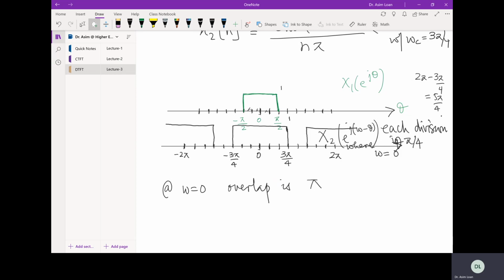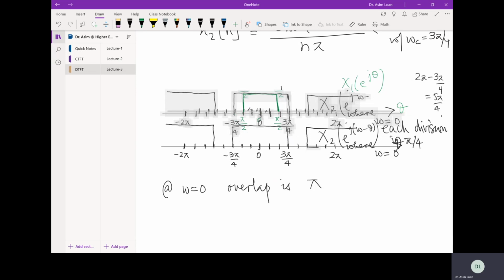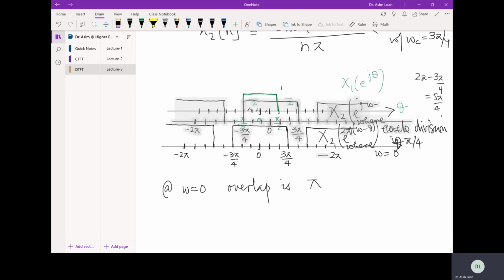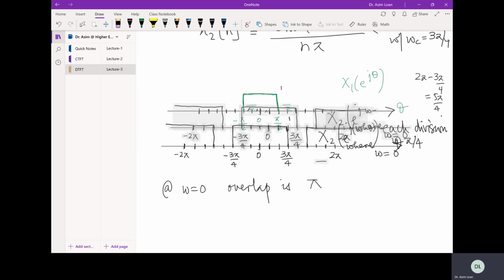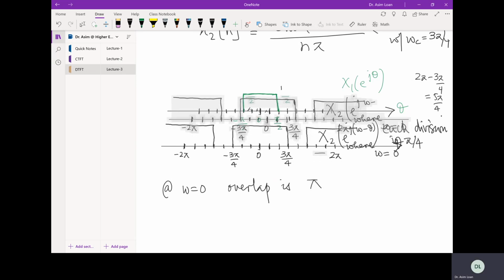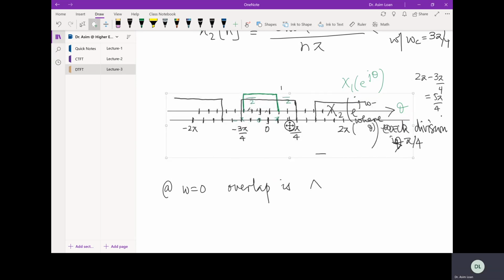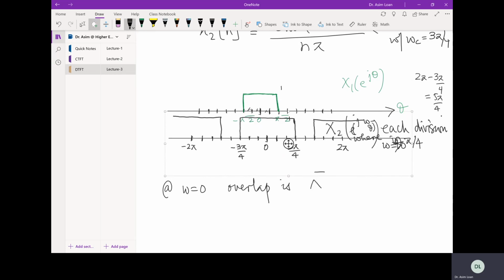Okay. Let's select again. If I move by pi by 4, there is 1 overlap, 2 overlap, 3 overlap, 4 overlap.